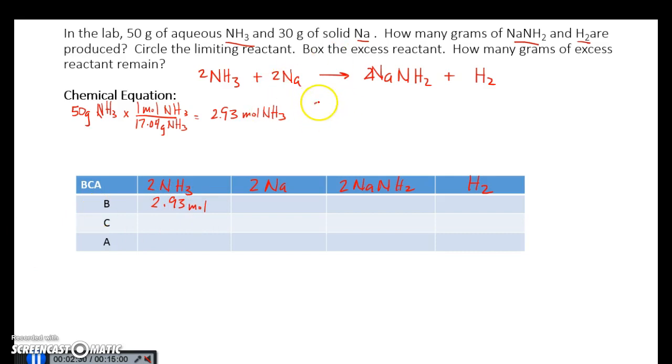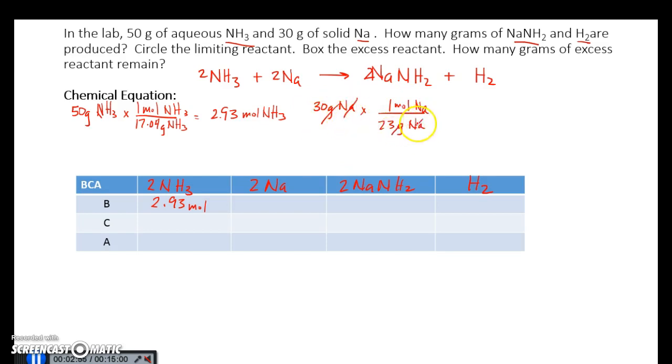For sodium, I do the same thing. I'm given 30 grams of sodium. I need to use dimensional analysis to actually convert those grams into moles. I look at my periodic table and I see that 1 mole of sodium is 23 grams. I write my equivalency fraction.